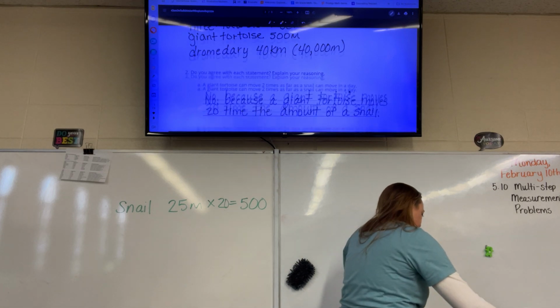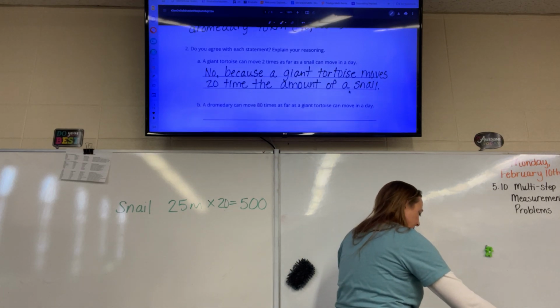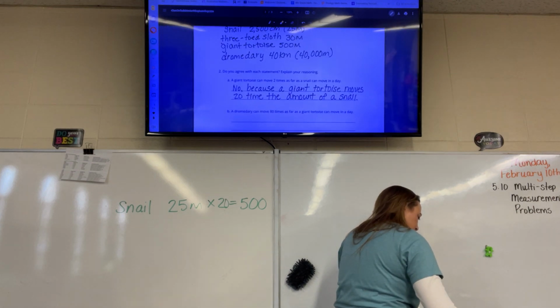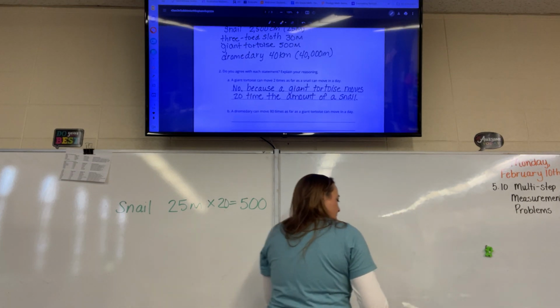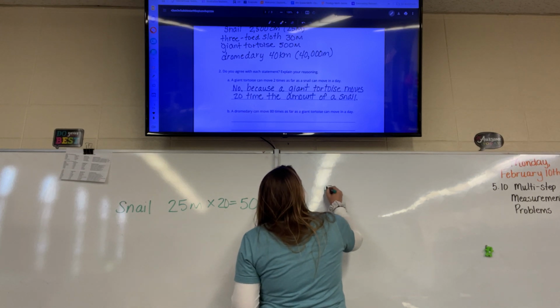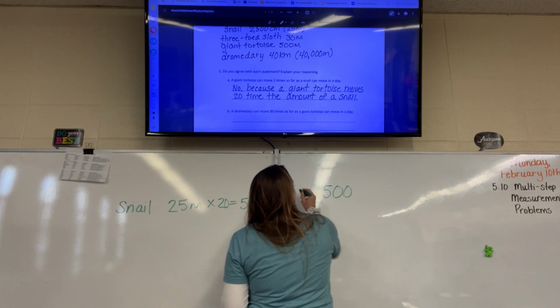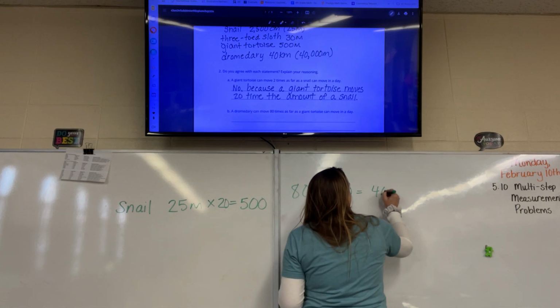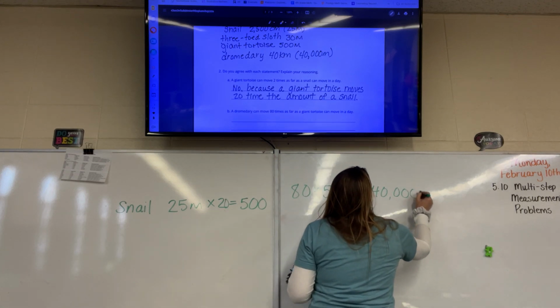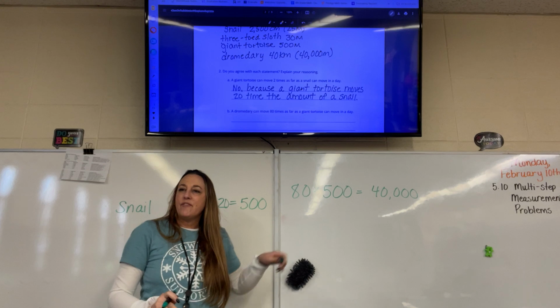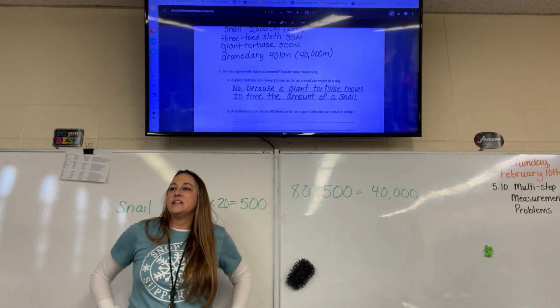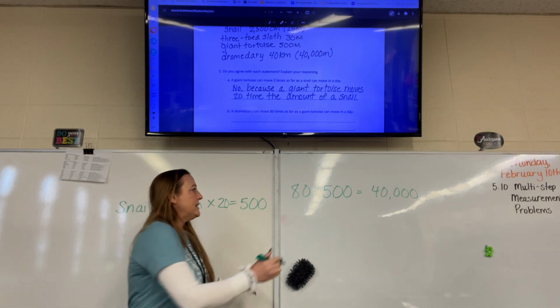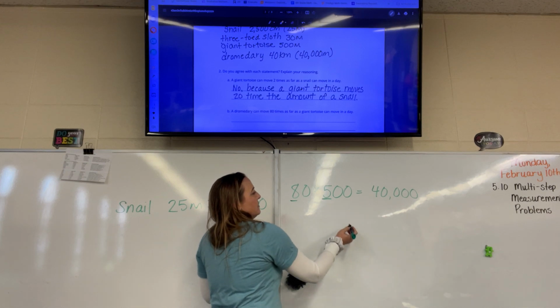Okay. Then the other one says a dromedary, a camel, can move 80 times as far as the giant tortoise in a day. So the giant tortoise is 500. They're saying 80 times as much as 500 gives us 40,000. Let's see if that's true. What's our basic fact? The numbers without the zeros. 8 times 5 equals 40.